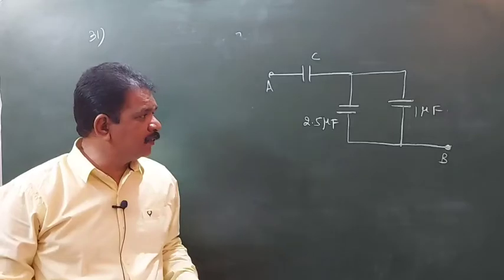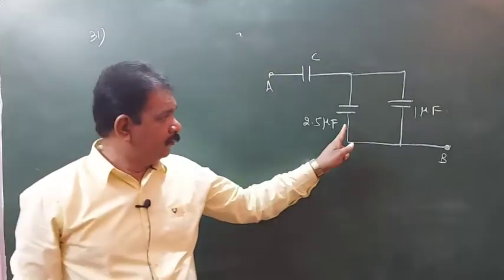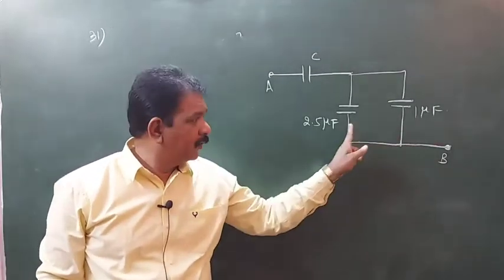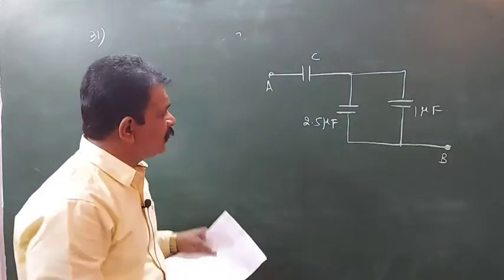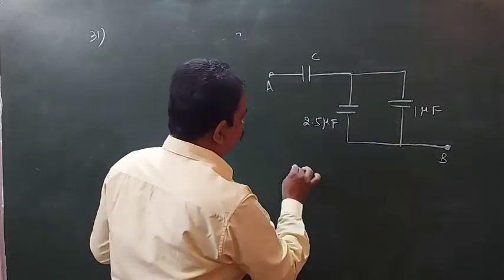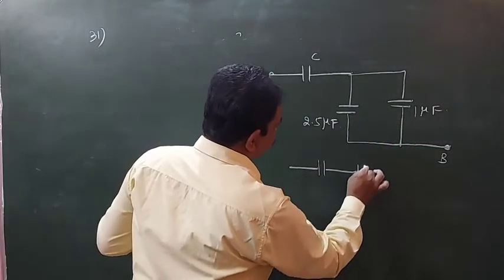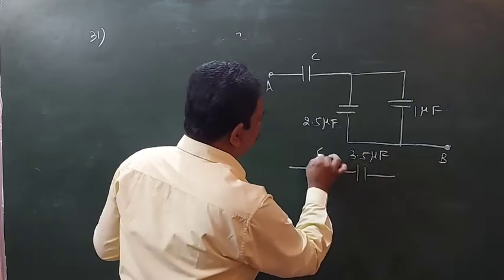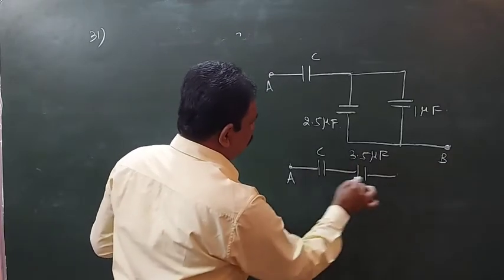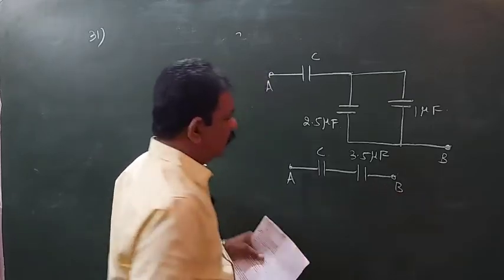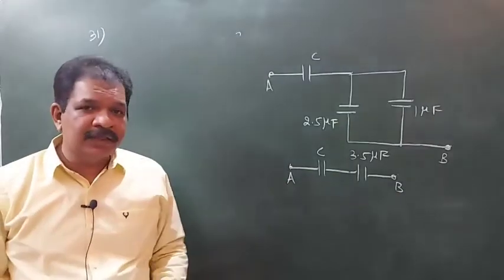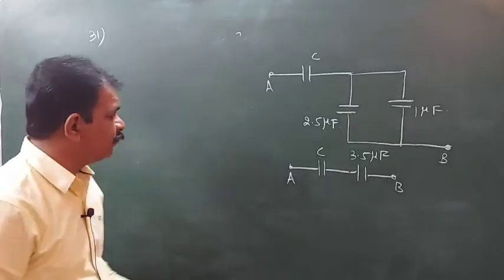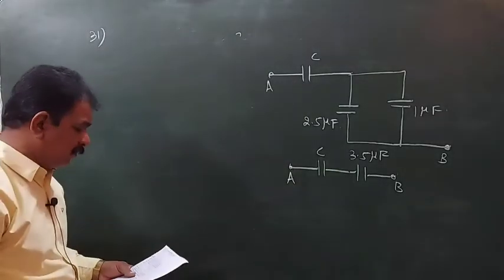Then what is the value of C? You see, these two are in parallel. The effective will be 2.5 plus 1, so this will be 3.5 microfarad. This is C and this is 3.5. These two are in series. They gave CAB as 1 microfarad.